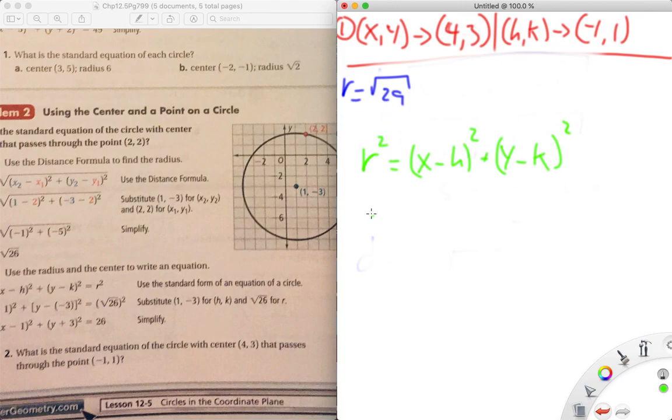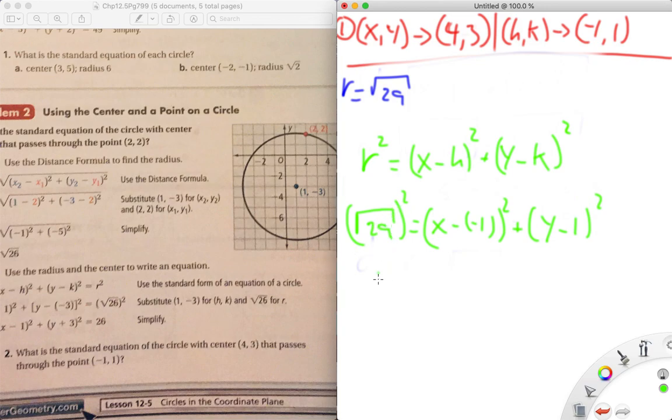So this is going to be the square root of 29, and that's going to be squared, is equal to x minus 4... x minus negative 1 squared plus y minus 1 squared.